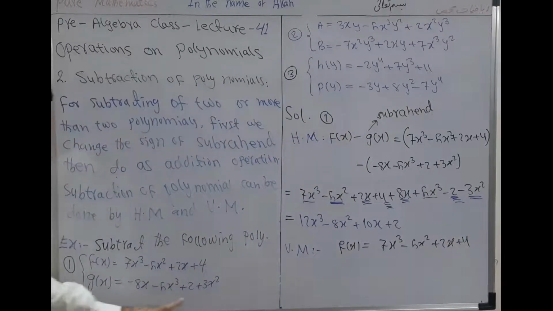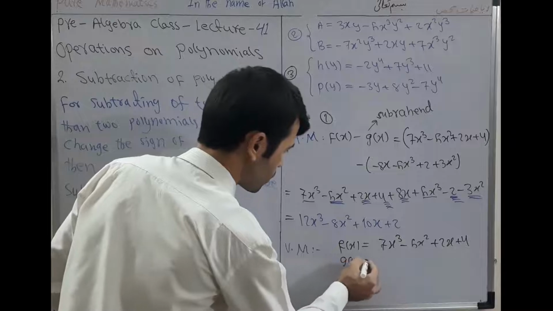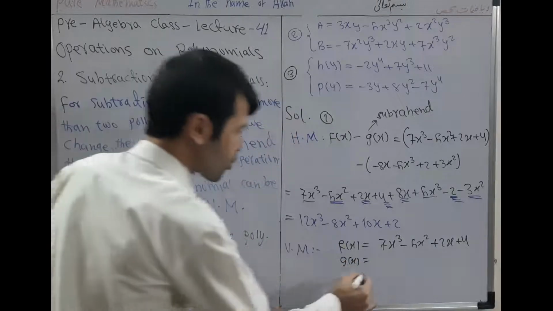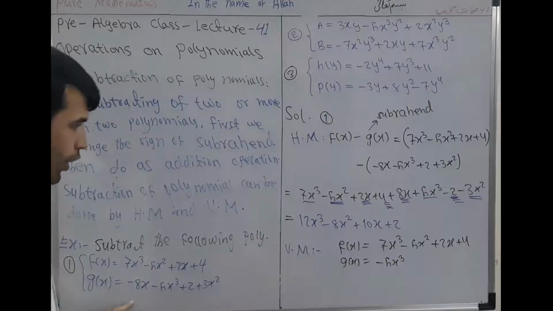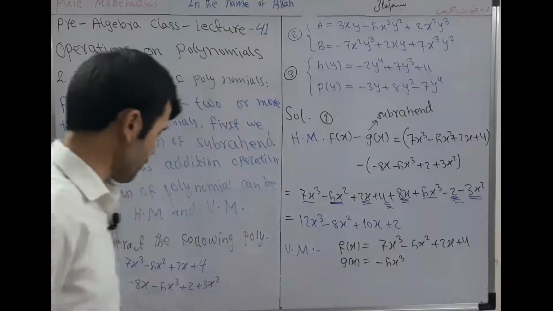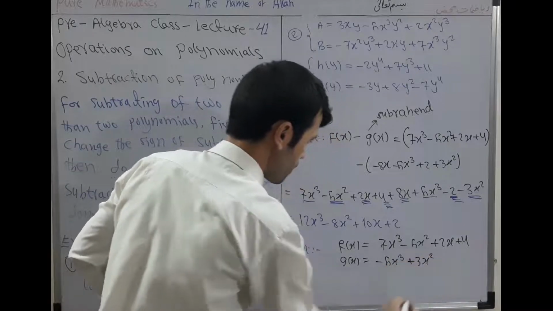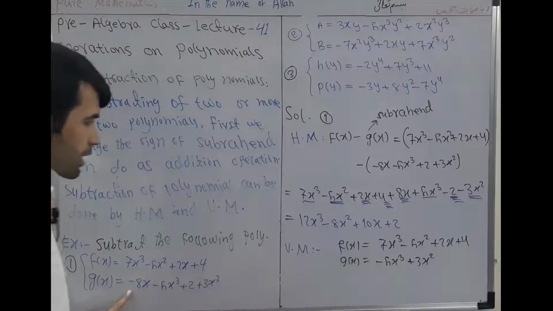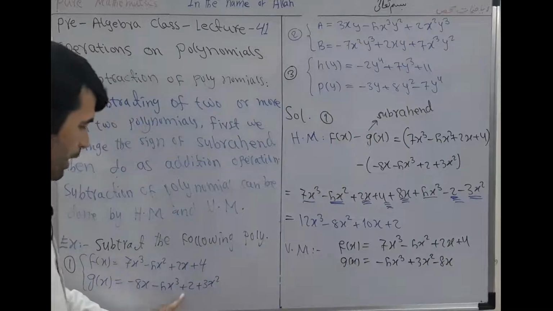Now here we have to write minus g of x is equal to minus 5x cubed, after cubed we have x squared, plus 3x squared. After that we have minus 8x plus 2.